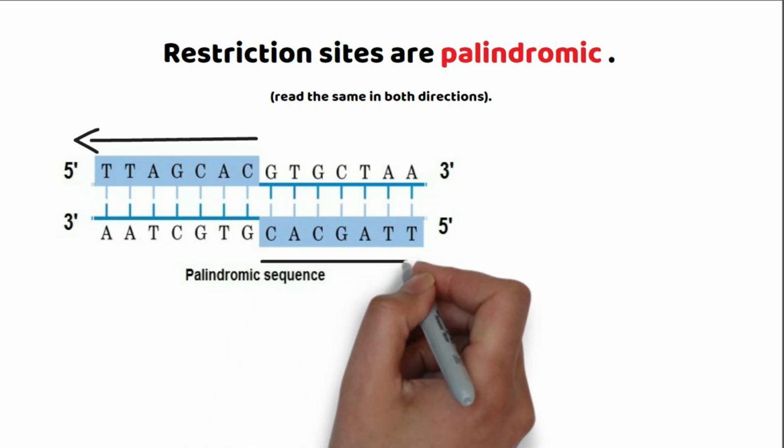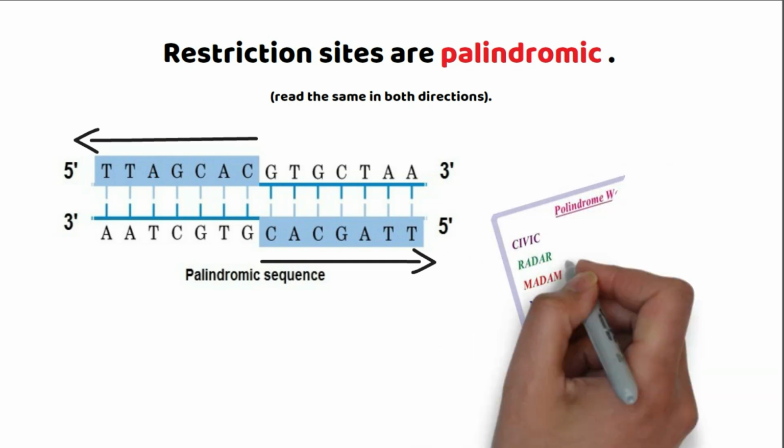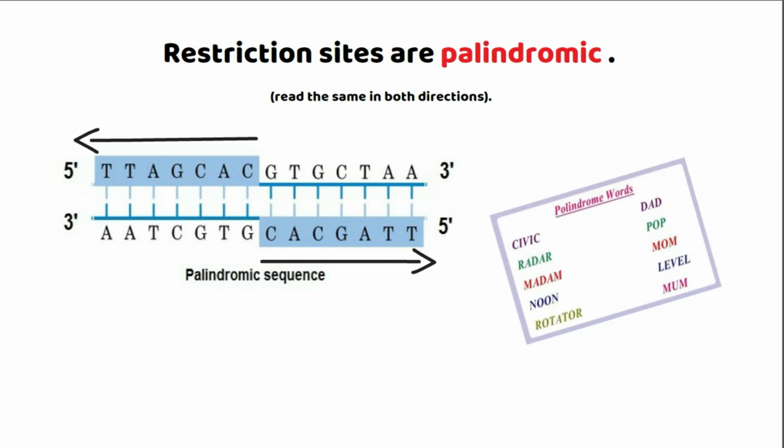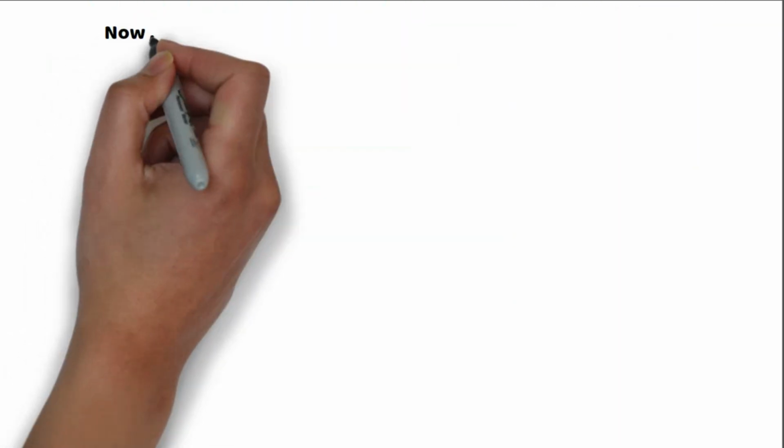Look, from right to left on the top, CACGATT. From left to right, CACGATT, the same. This is called a palindromic sequence. Palindrome words like dad, pop, mom, level, noon, and so on.